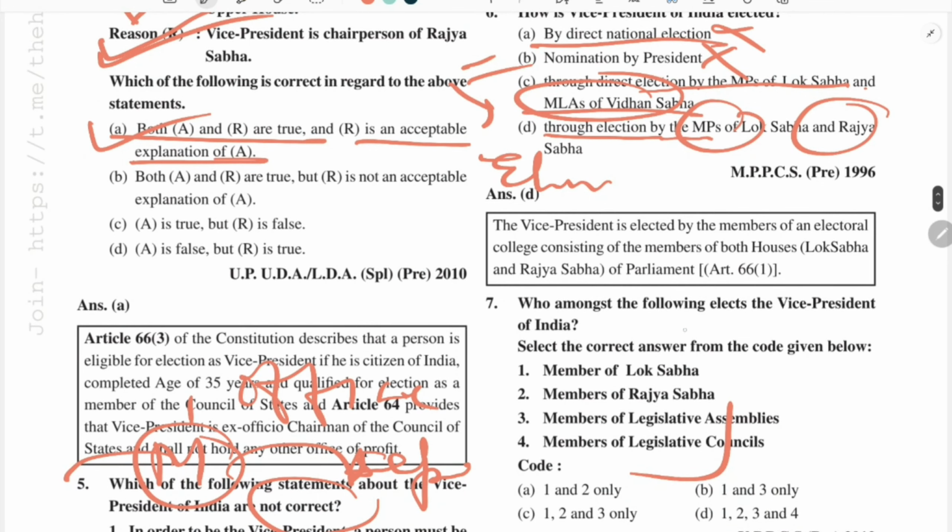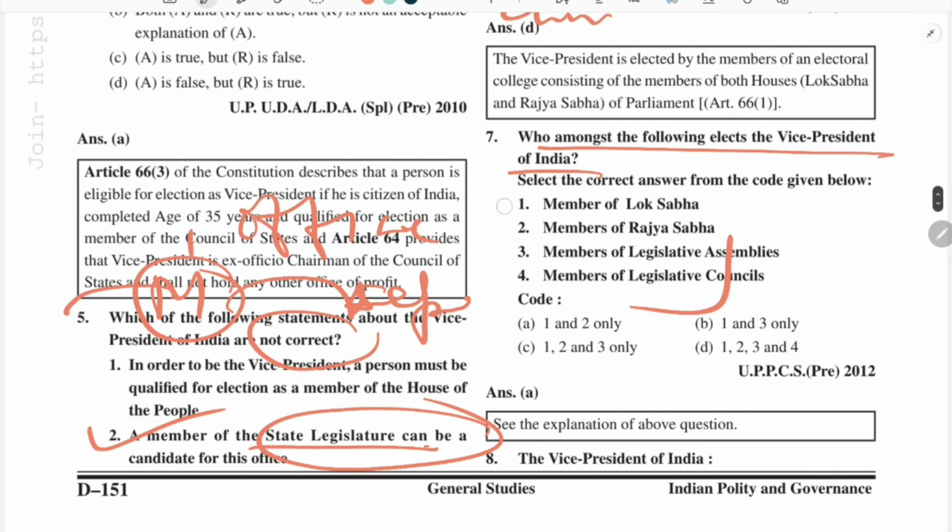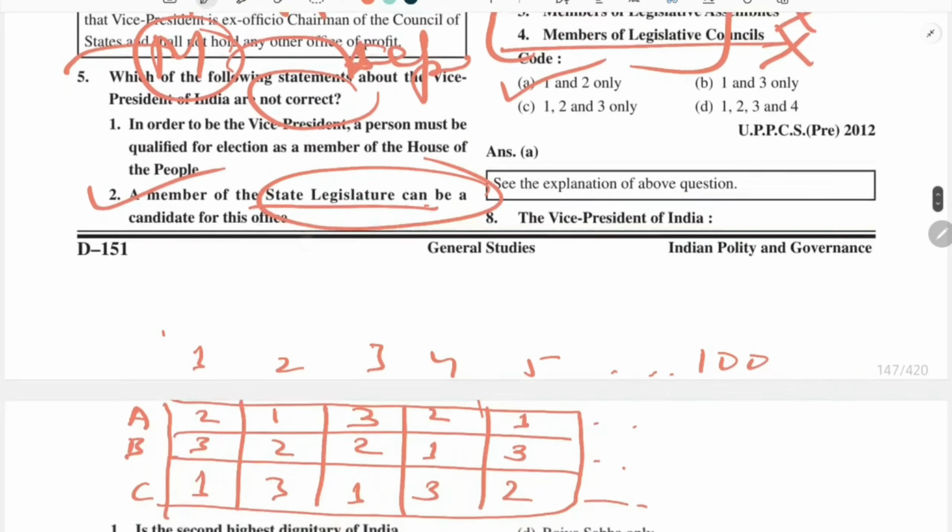The next question is, which among the following elect the vice president of India? Similar question. We have to recall the composition of the electoral college. Members of Lok Sabha are there, members of Rajya Sabha are there, legislative assemblies are not involved. And one more important thing, members of legislative councils are also not involved. So only 1 and 2.